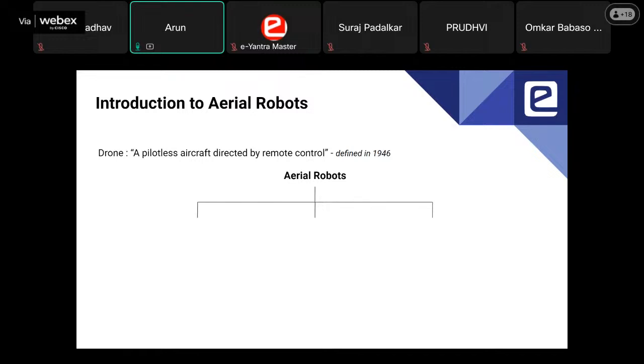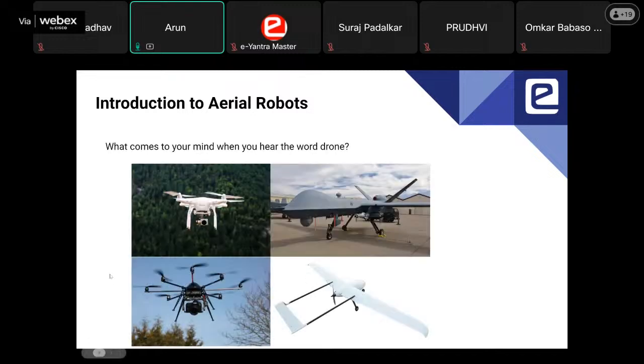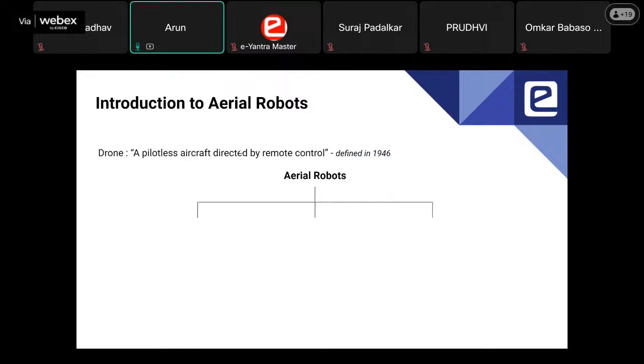Any pilotless aircraft controlled by a remote control can be termed as a drone. So this is controlled by a remote. And this also is controlled by a remote, but the remote will be a huge setup somewhere in some interior. So this is the formal definition we can use, a pilotless aircraft.